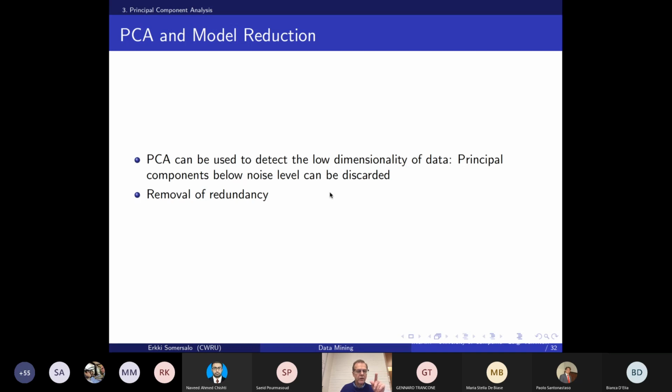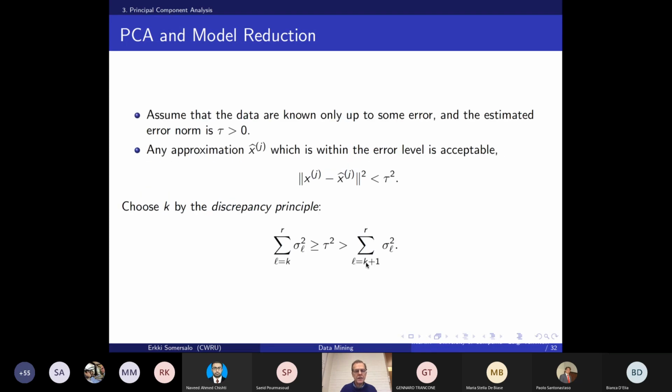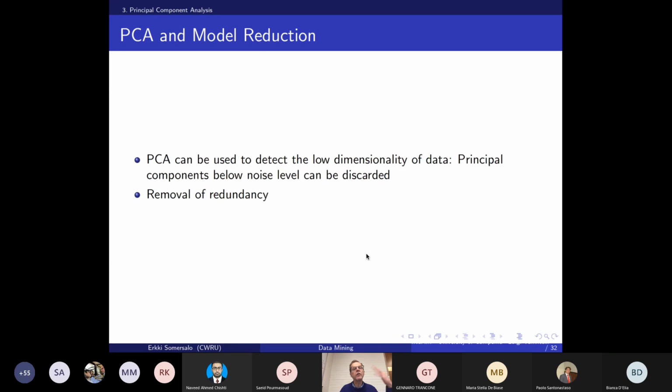And so when I look at the singular values of my data matrix, and if I find that starting from some k plus 1 to r, the sum of the singular values is below this 10 to minus 5, which was my putative, or squared actually, of my putative noise level, then I can say, well, it looks like my data is actually k-dimensional, because what is beyond that k dimensions could be considered as noise.